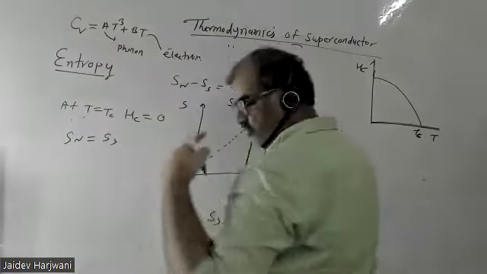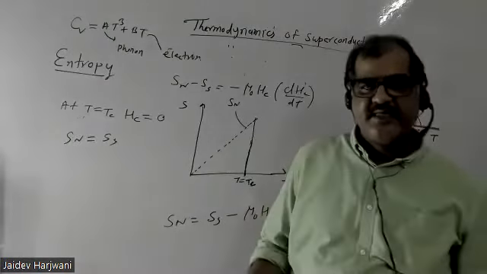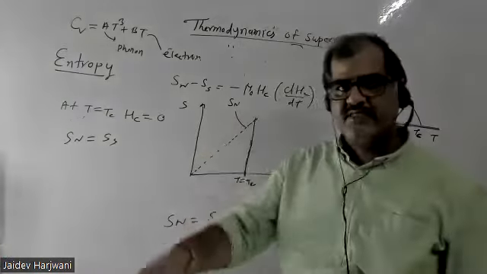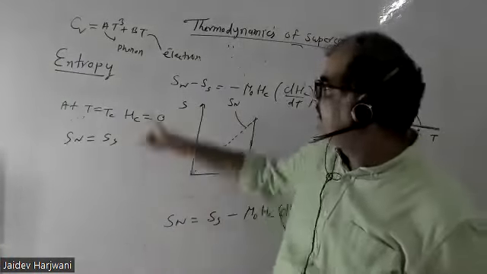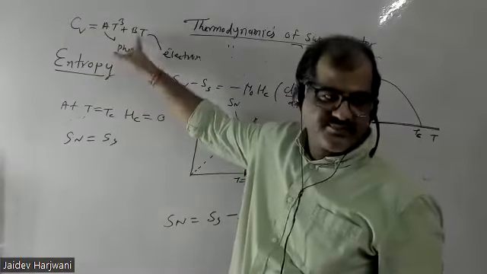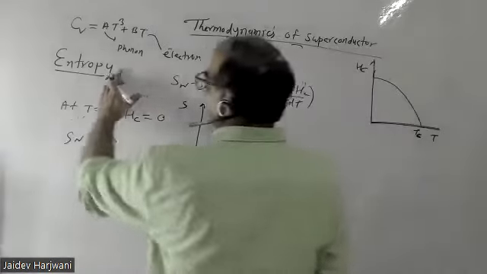But if you go to very freezing temperature, like I told you, for superconductivity you require the temperature of liquefied helium. When you go to that much freezing temperature, only the electronic contribution remains in the specific heat. So CV is proportional to T at low temperature.